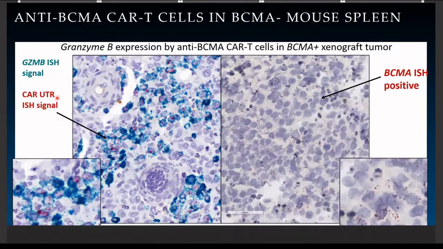On the other hand, when you look at the actual xenograft tumor, which is positive for the BCMA antigen, indicated here in red, we see that the CAR T cells in red are present and are engaging, indicated by positive green signal by granzyme B. And this is exactly what you want, that in presence of your antigen, your CAR T cells are engaging and are active.